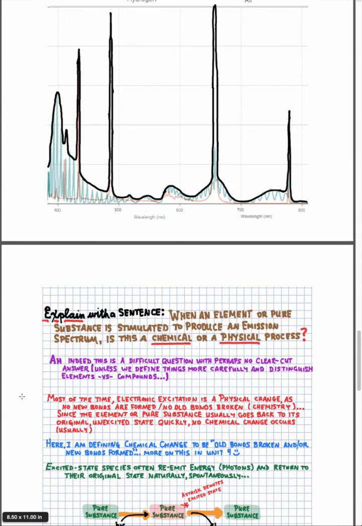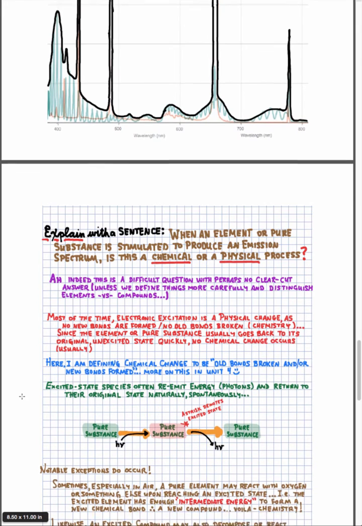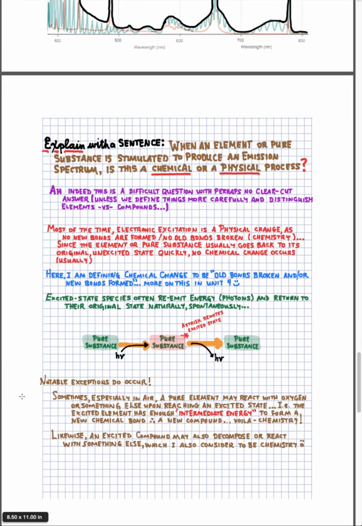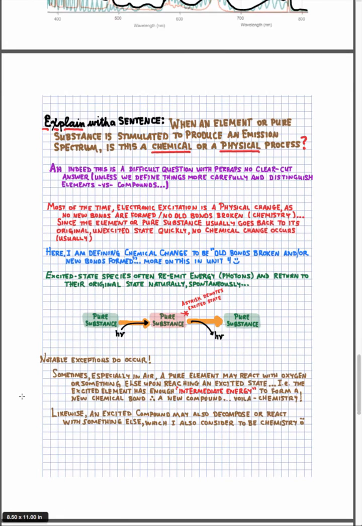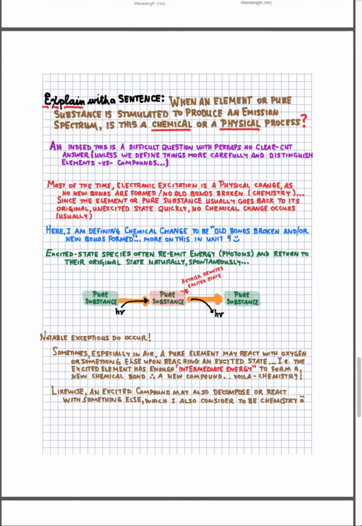The last question is a tricky one, and I'm not sure I have a complete answer because it would take much more space than I allowed you on your paper. The answer is, well, it depends on how you define chemistry and how you define physics. If you define chemistry as old bonds breaking and new bonds forming, then I'd have to say that when an element or pure substance is stimulated to produce an emission spectrum, physical or chemical process?